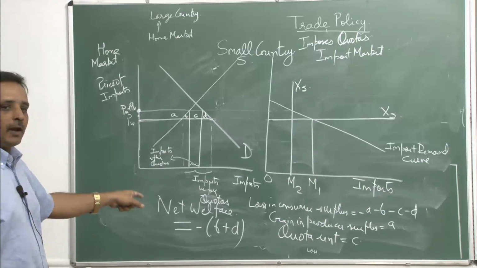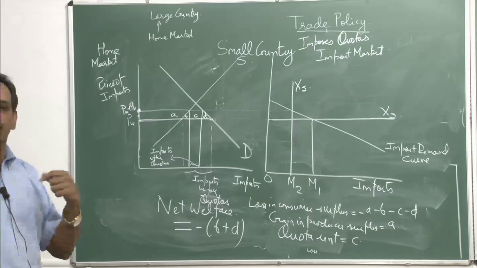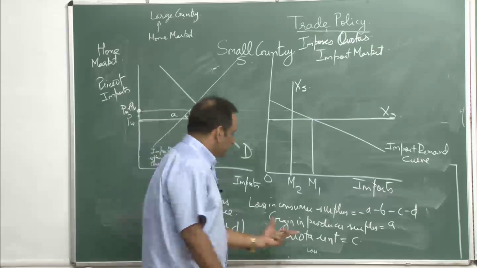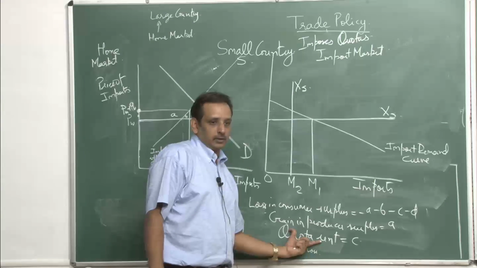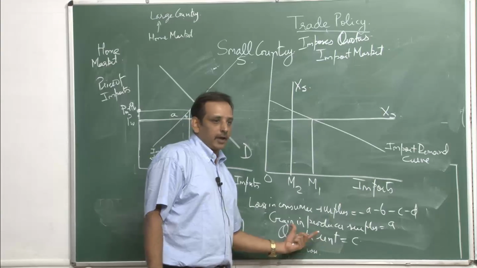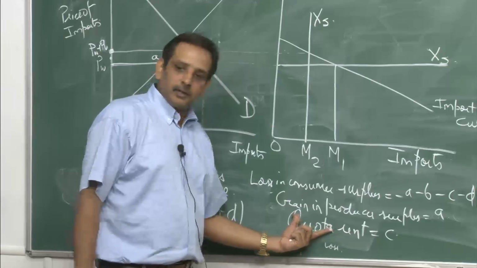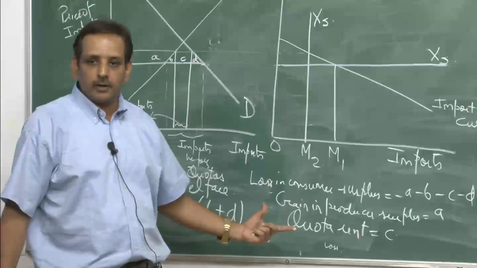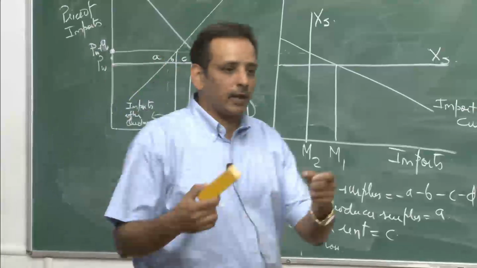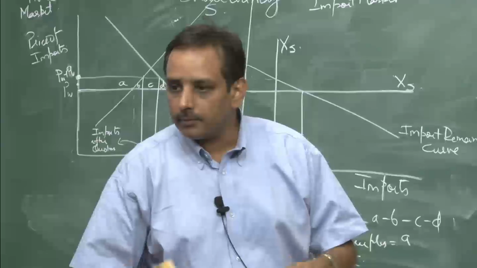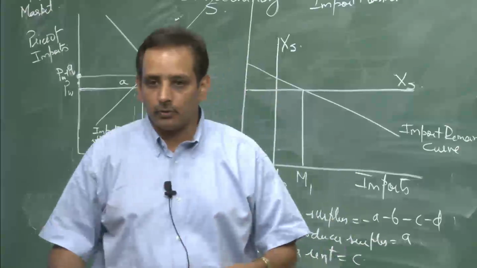Now, this is only one possibility. When I said that quotas can be more pernicious than tariffs, this quota rent can be lost. It can be lost when there is possibly a corruption in the economy, when the government has to give licenses to a few, then people start approaching you.